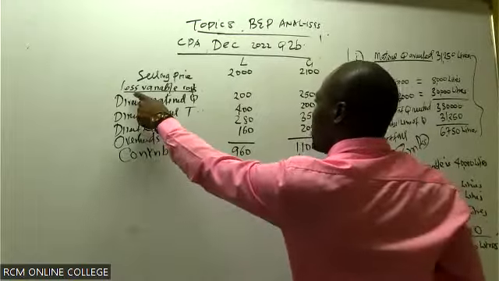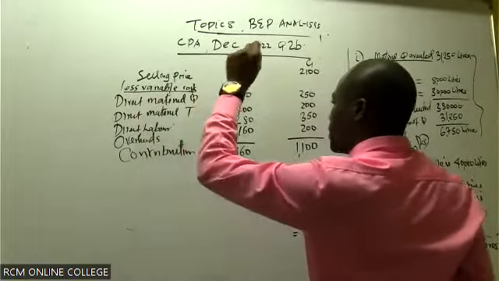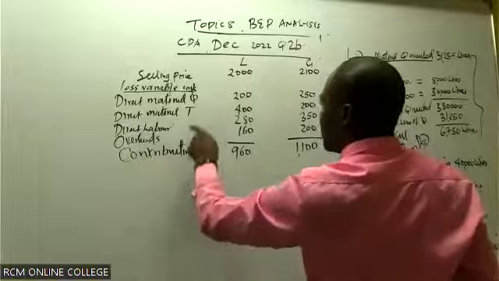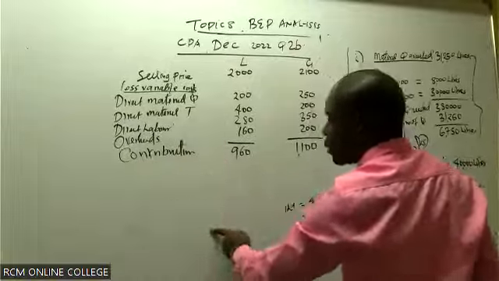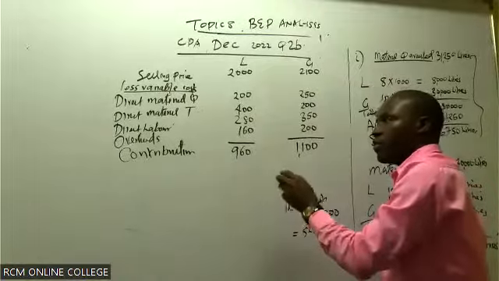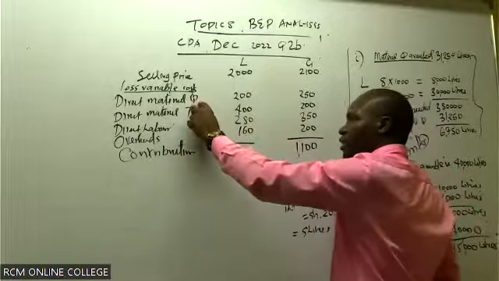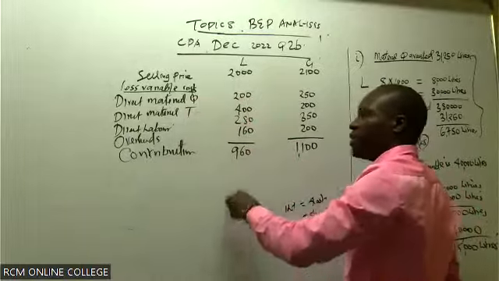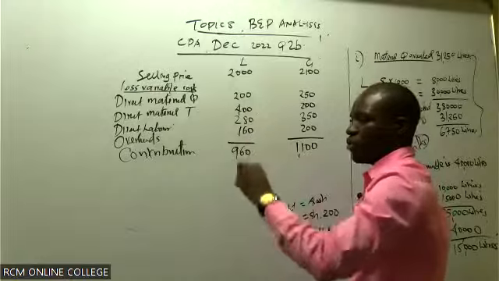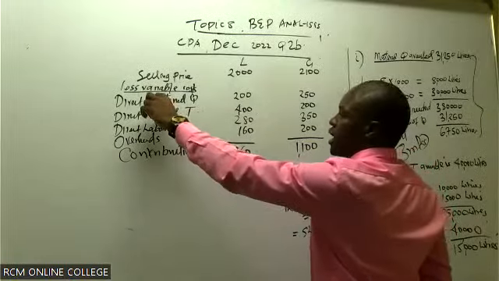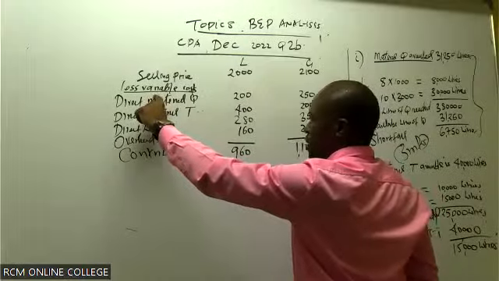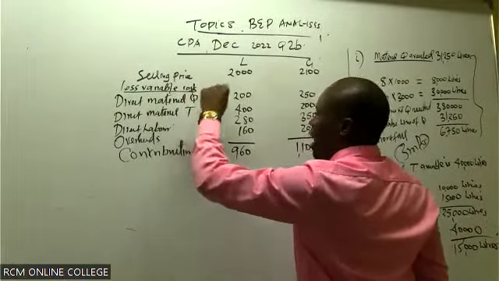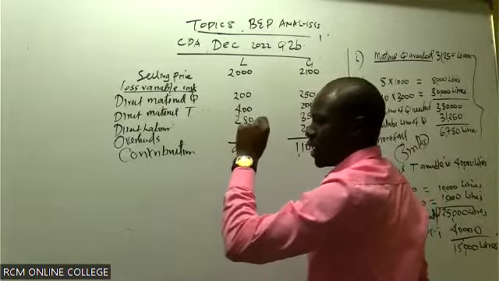Material Q, if you come to contribution, it is selling price less variable cost. The variable cost, we have direct material, we have direct labor, we have variable production overheads. And direct materials are here, 2 different materials. Both of them are going to form part of the product cost.